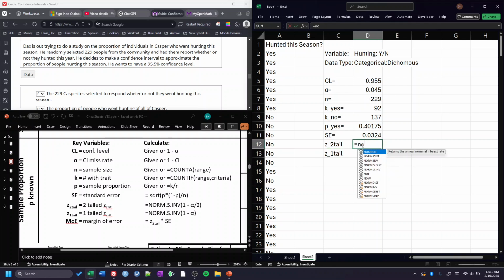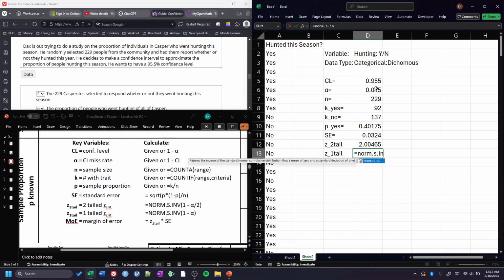We're going to do NORM.S.INV. And we only need to put in the probability, which for the two-tailed, we're going to do 1 minus alpha divided by 2. And we hit enter. And for the second one, we're going to do NORM.S.INV of just 1 minus alpha. So on the two-tail, we divide alpha by 2. On the one-tail, we just leave it as is.